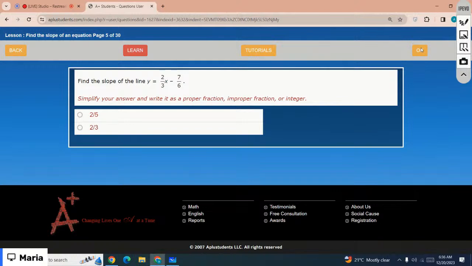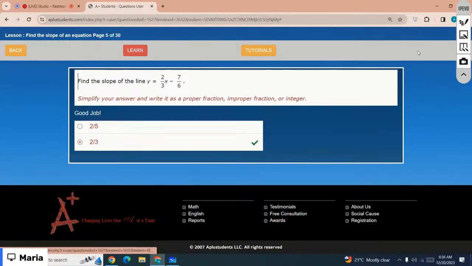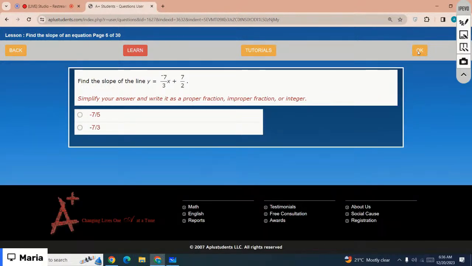Yes, very good. The slope is 2 over 3. Option number 2 is the correct option. Find the slope of the line y equals negative 7 over 3x plus 7 over 2. So, which is the correct option?